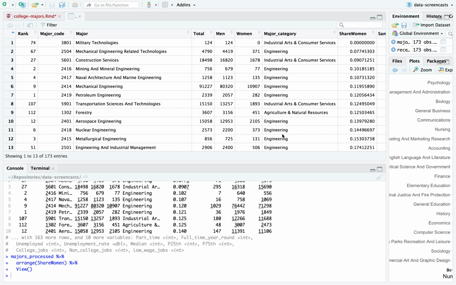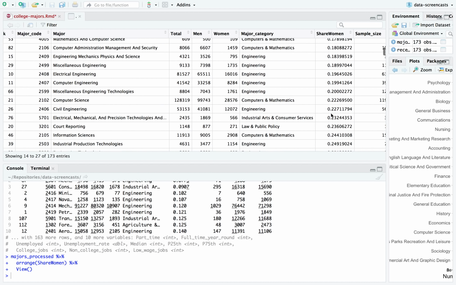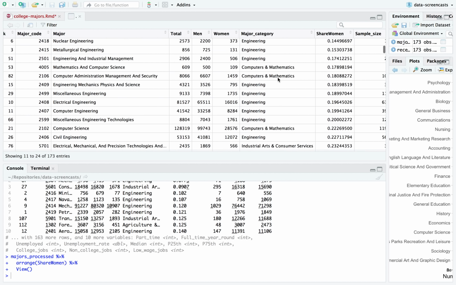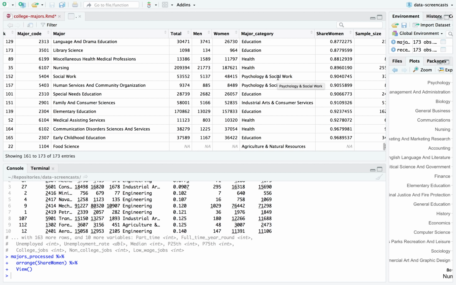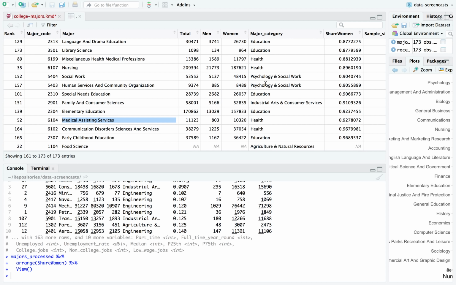So a lot of engineering tends to have very few women, around 10 to 20%. All right. And at the side of the most women we have early childhood education, communication disorders, medical assisting services. All right, so we have special needs education. We kind of see a lot of health and education.